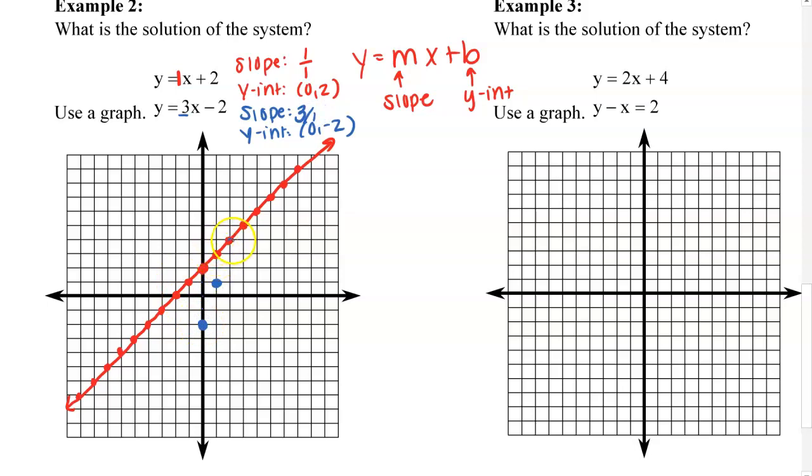I'm going to keep counting up 3 and right 1 until I see the intersection point. So the lines did cross, and the point at which the lines intersect is our solution to the system, which is (2, 4).